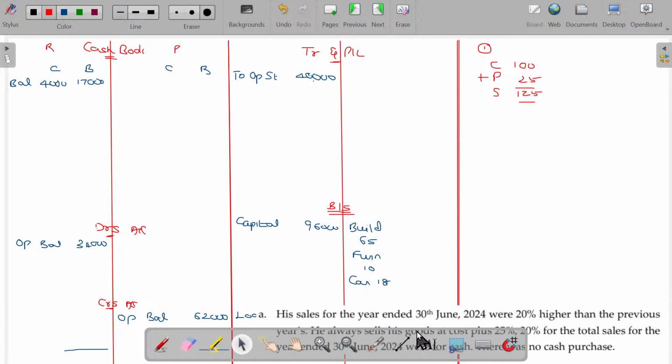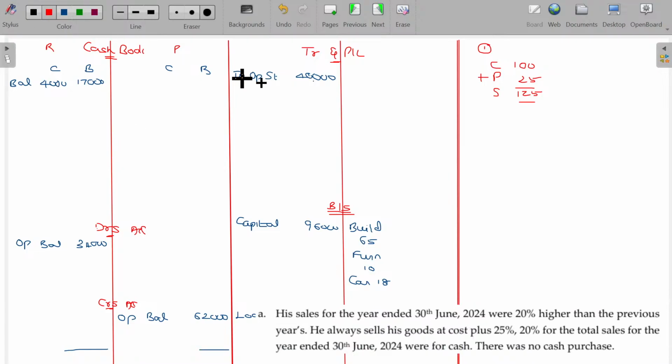Sales compared to the previous year. Sales in the previous year assumed to be 100. There is an increase in sales by 20% this year compared to the previous year. Then sales in the current year being 120 rupees. If the previous year's sales being 1 lakh, this year the sales should be 1 lakh 20. I just note down all the information given in the adjustments. That's all. I didn't do any other adjustments.